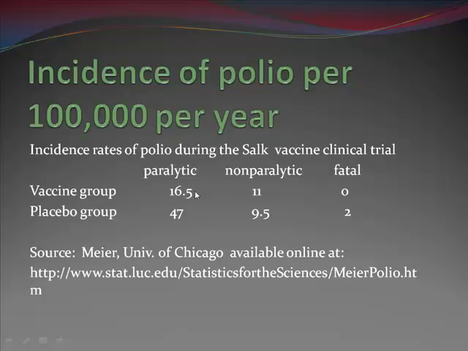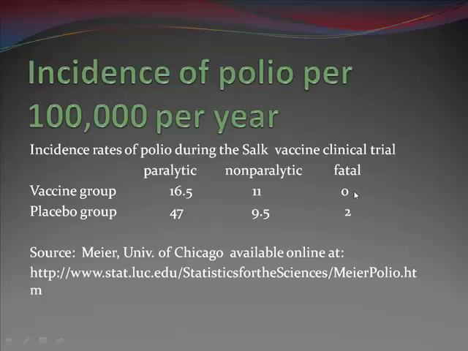Now we can see that that is a substantial difference and that the vaccine was highly effective. And here are the numbers for the non-paralytic polio incidence, about this very close, but with a population size that they had in the millions, that probably was a statistically significant difference.